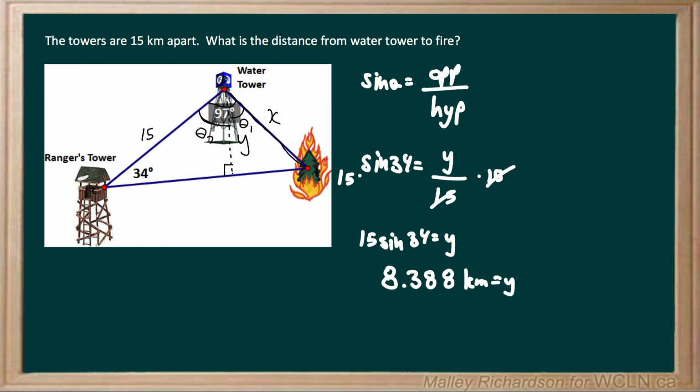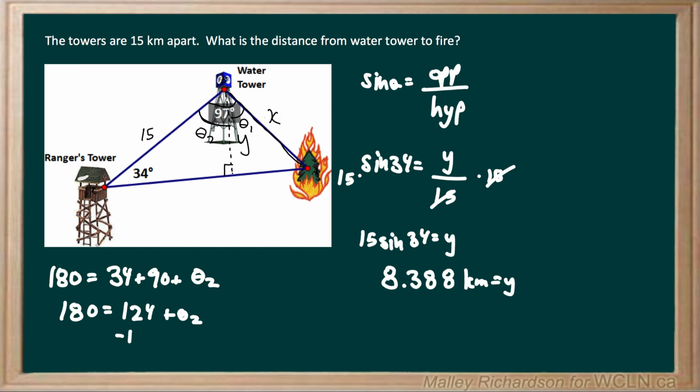We know that all angles of a triangle have to add up to 180 degrees. So let's take our 34 degrees and our 90 degrees in the corner to solve for theta 2. So we know that 180 has to add up to all the angles in the triangle. So we have 34 plus our 90 degrees at the bottom plus our theta 2. Adding up the right side, we get 34 plus 90 to give us 124 plus theta 2.